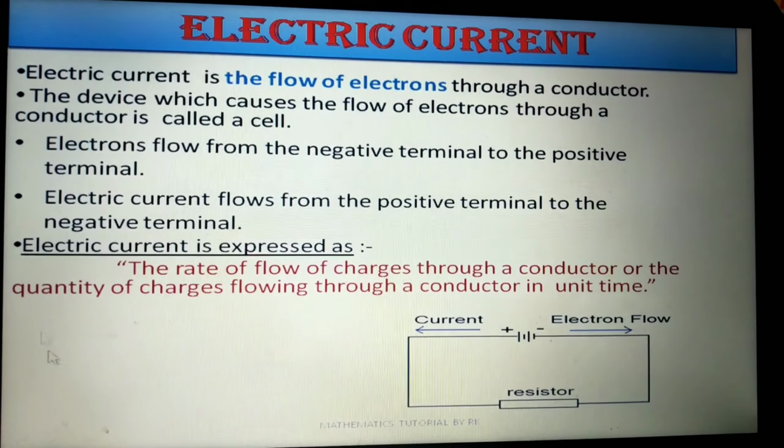Now electric current is expressed as the rate of flow of charge through a conductor, or the quantity of charge flowing through a conductor in unit time.